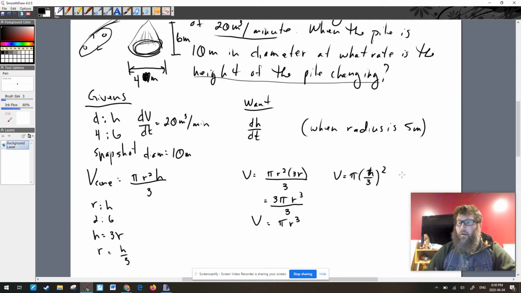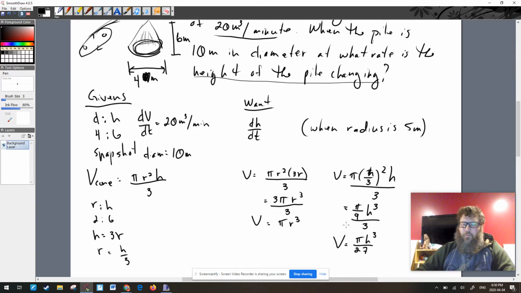So pi r squared h over 3. I'm going to simplify that a little bit. So that's going to be pi, and I guess it would be h cubed. So it's going to be pi by 9 h cubed over 3, which ends up just being pi h cubed over 27.